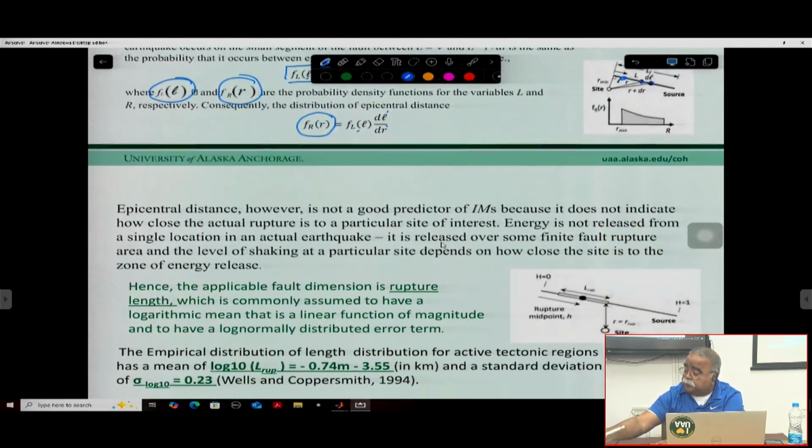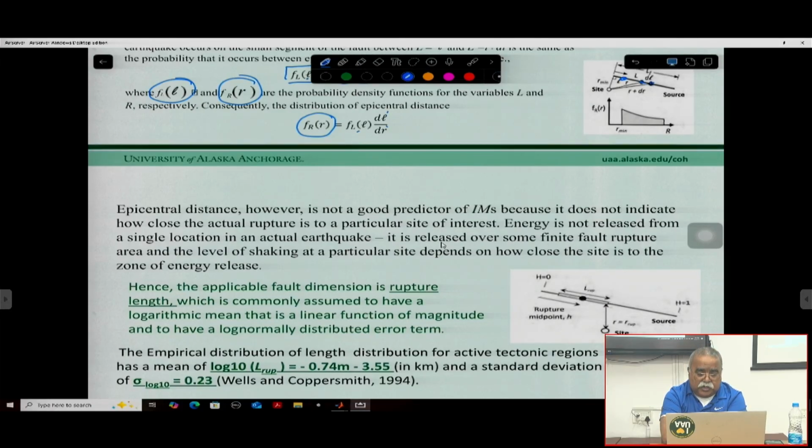Okay. Now let's see, now the R is the epicentral distance, right? R is the epicentral distance. Now this epicentral distance is not a very good indicator or good intensity measure type of thing, because that's not our objective to calculate distance from the epicenter.